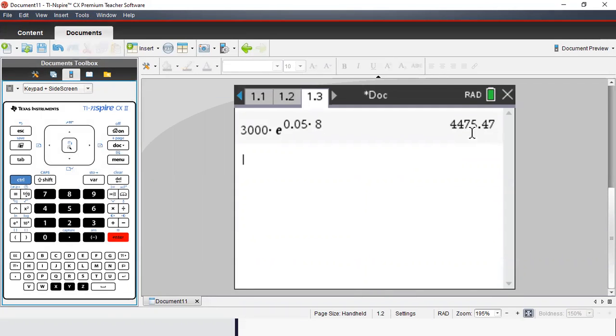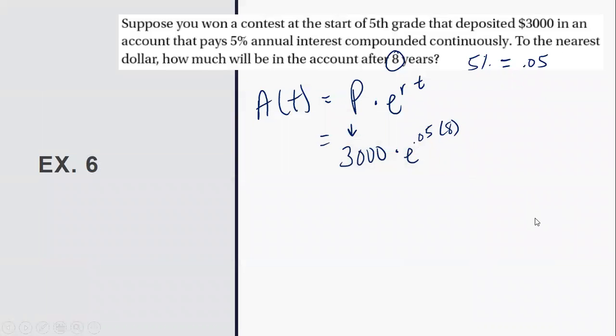So to the nearest dollar would be 4,475, because the 4 does not round the 5 up. So my nearest dollar amount would be 4,475. All right. After 8 years, it would be $4,475 in my account.